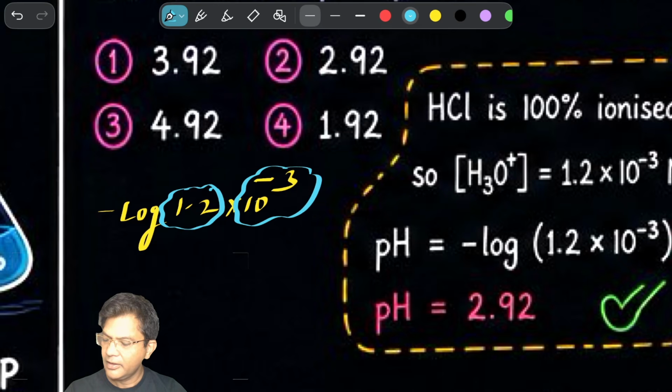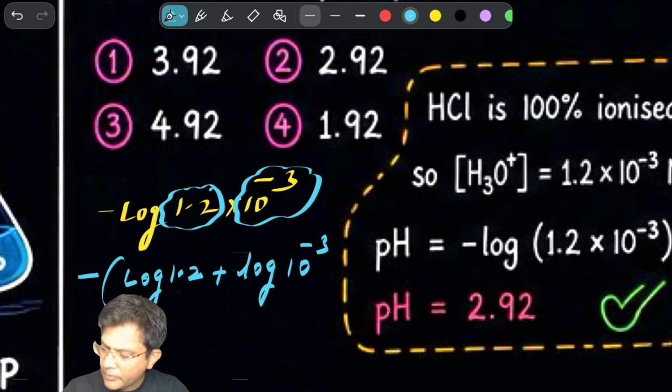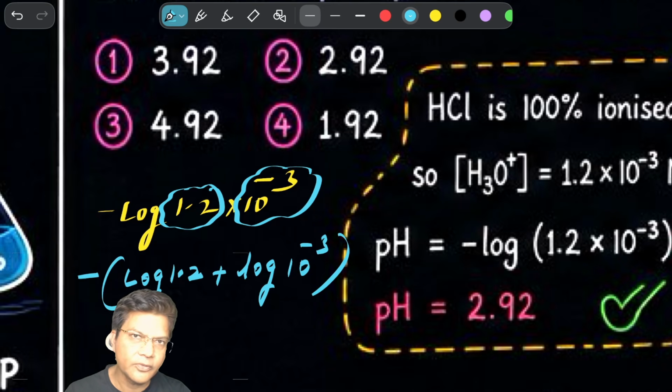So can I write, taking the negative sign outside, log 1.2 plus log 10 raised to the power minus 3, right? Log xy is log x plus log y.